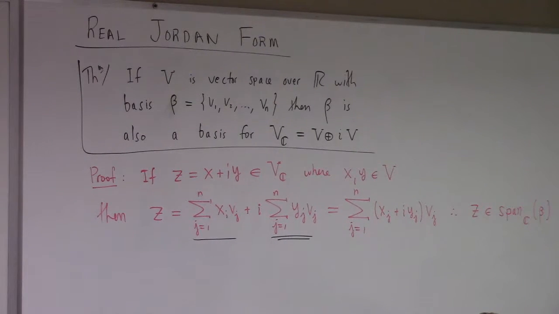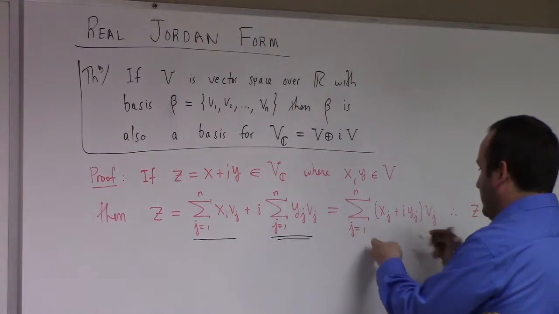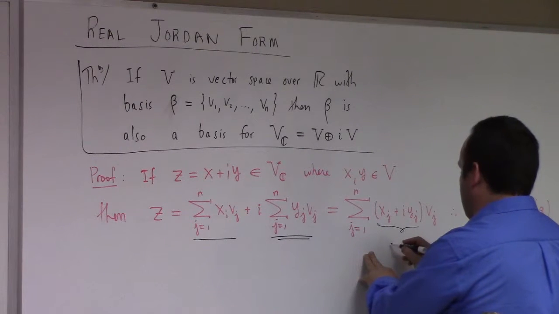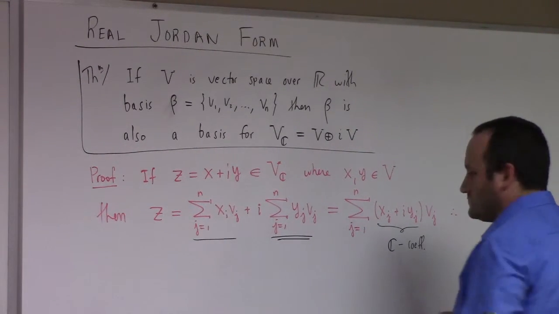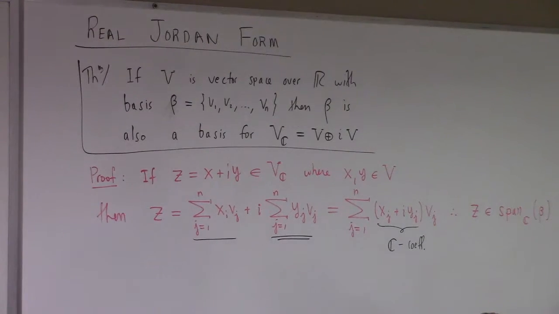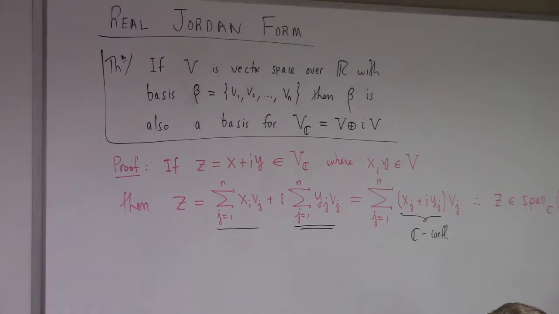But then you just rearrange the sum, and what do you got? Well, you can pull a vj out, and you're left with this. This is a complex coefficient, right? Which is allowed in the complexification, which is a complex vector space, which takes complex numbers as the scalars, right?